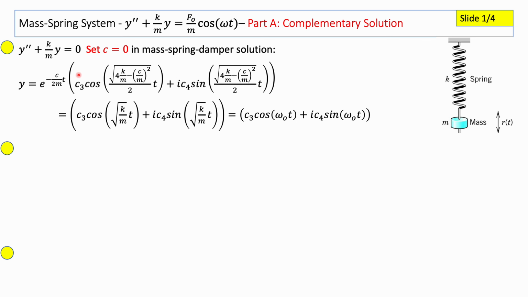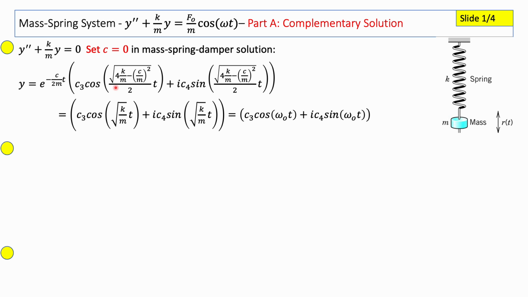So therefore, this can be rewritten as follows. When the damping coefficient is 0, because we are interested in no damping, simply set c equals 0. Exponential of minus c over 2m t is exponential of 0, that will be 1.